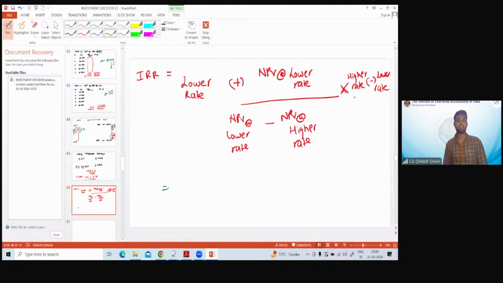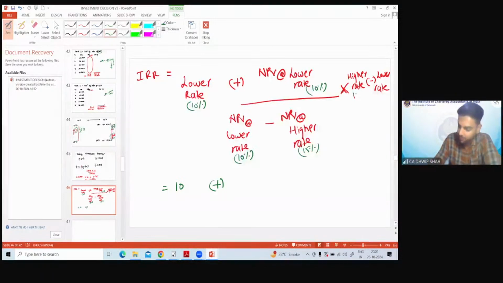Between 10 and 15, which is the lower rate? It is obviously 10. Yes or no? Plus, what is my NPV at lower rate? Lower rate is 10%. In our case, lower rate is 10 and higher rate is 15.